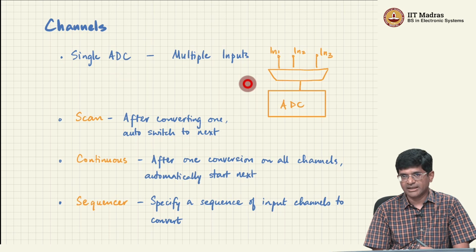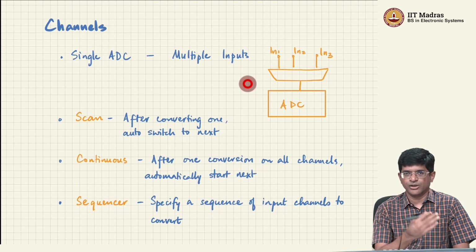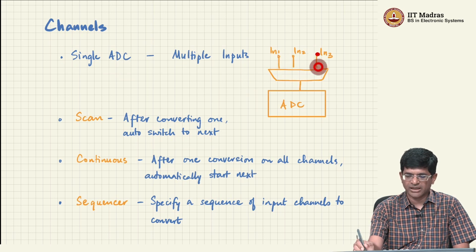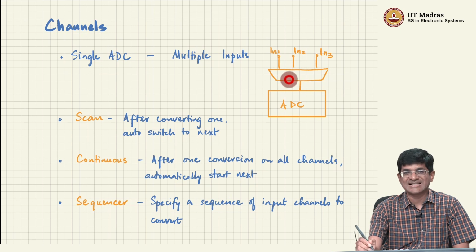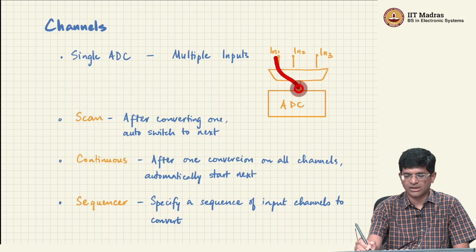Now the flip side is that there are a couple of things that happen. One is, let's say that there was a temperature and humidity and moisture value that I wanted to sample. Because of the fact that they are being multiplexed like this, there is no way that I can get all three of them at exactly the same time instant, right? Because I'll first have to convert this, and then this.